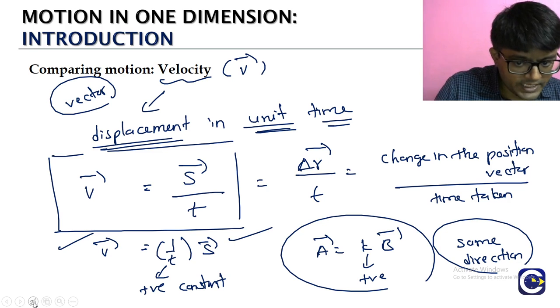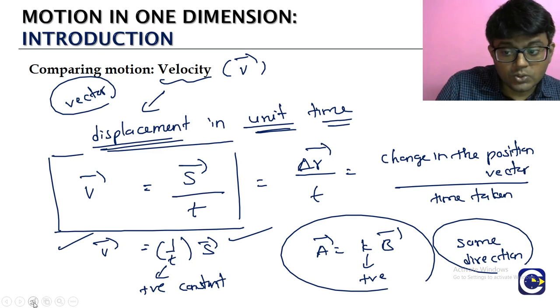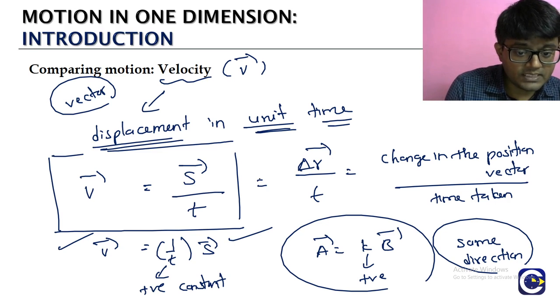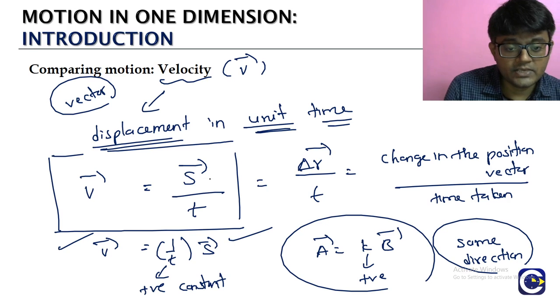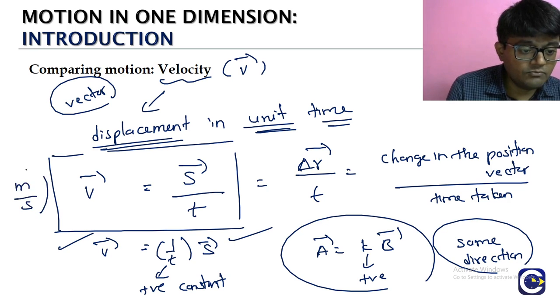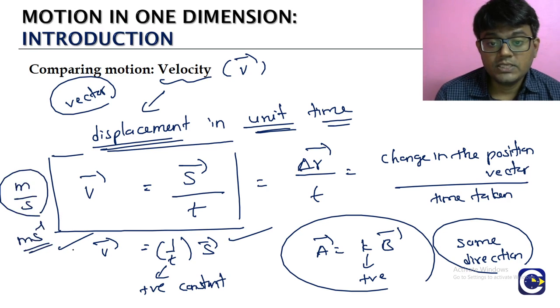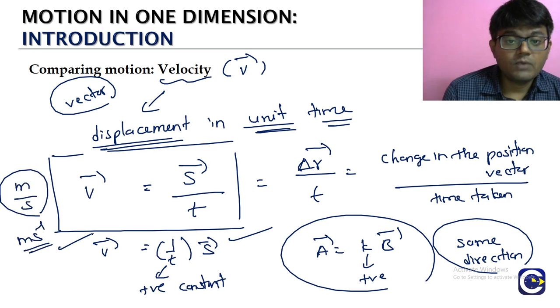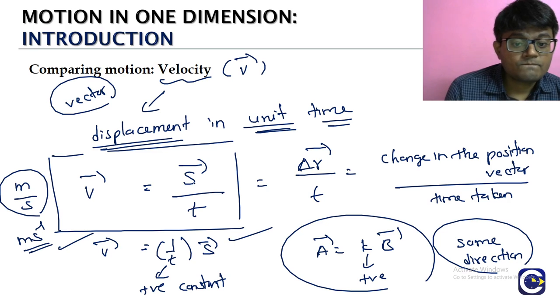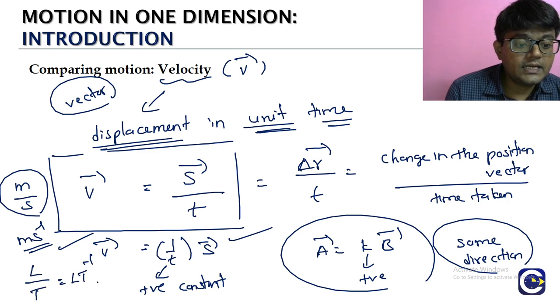It will be a vector quantity. It will have units. What will be the SI unit of this? The displacement SI unit is meter. Time, the SI unit is second. So the SI unit of the velocity is also meter per second. What about the dimensional formula? The displacement dimensional formula is L. The time dimensional formula is T. So it is LT power minus 1.